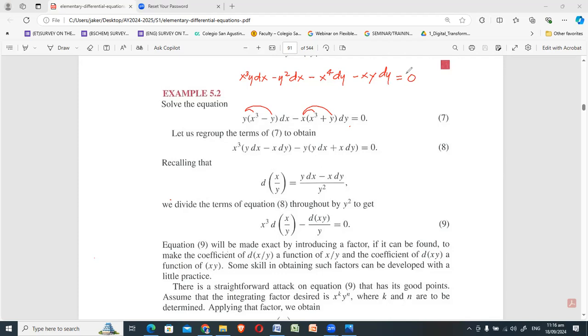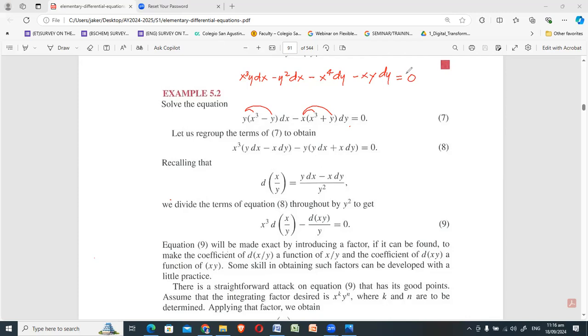That's always the goal. Have your DE written in expanded form if you really intend to use the method of inspection and finding the integrating factor. Now, after you have done this, this is where skill will play a very important role.